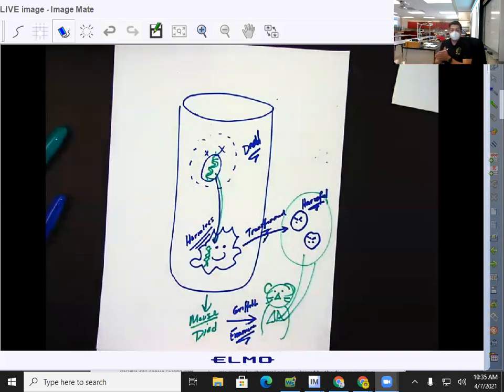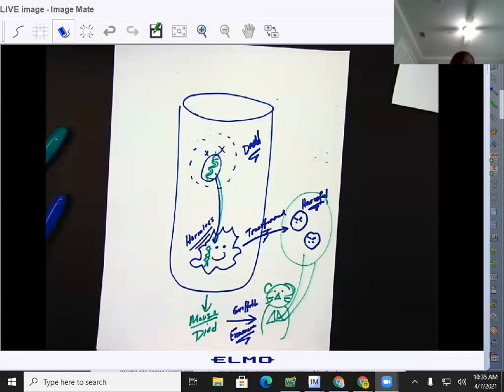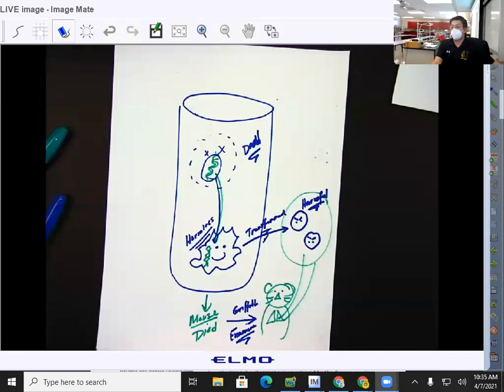If I have two phones, and on this one I have Twitter, but this one I don't have Twitter. What do I have to do to the one that doesn't have Twitter on it? You have to download Twitter. Exactly. So basically, that's exactly what happened here.